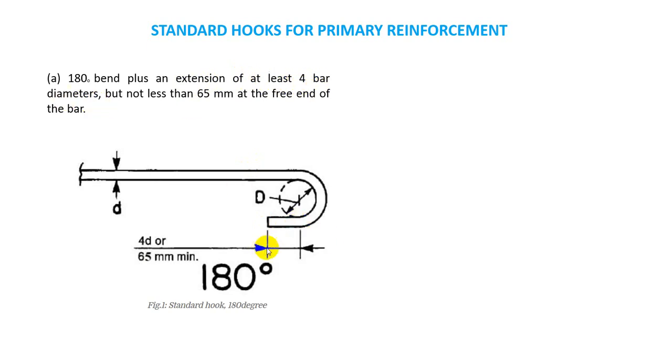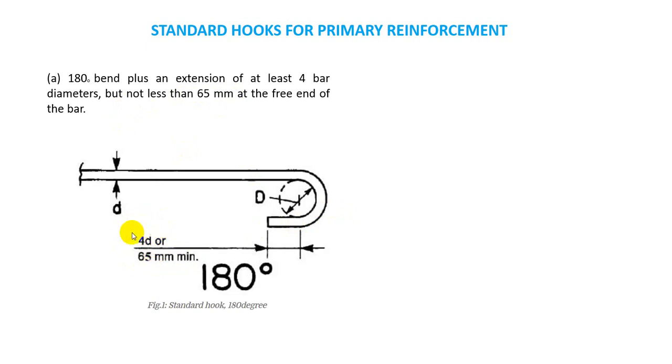That means the extension from the center point of that bend to the edge of the bar should be 4D or 65 millimeter minimum. 4D, I mean 4 times the bar diameter, but not less than 65 millimeter.